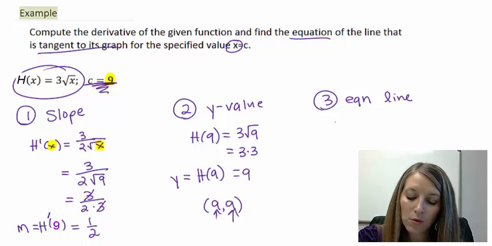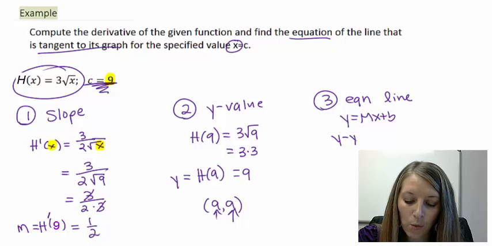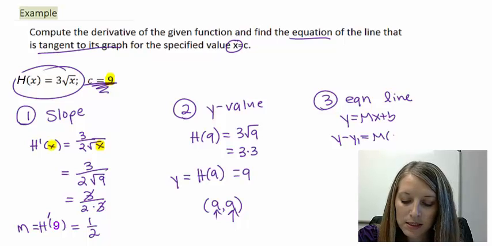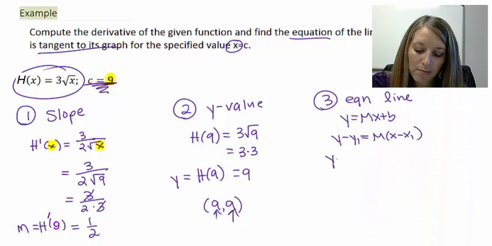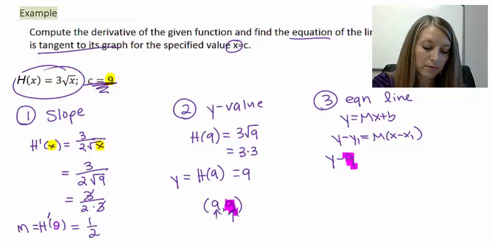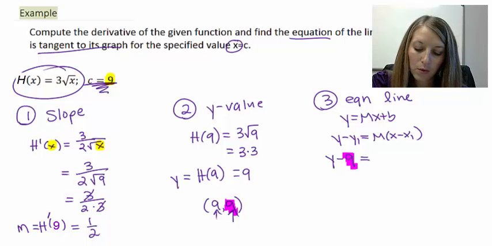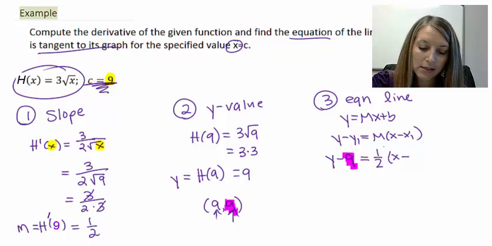Now we can use either one of our formulas, y equals mx plus b, or y minus y1 equals m times x minus x1, to come up with the equation of this line. So I have y minus my y value, which was 9, equals our slope of 1/2 times x minus our x value of 9.